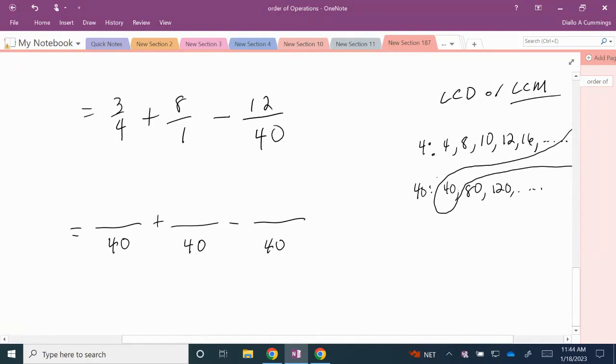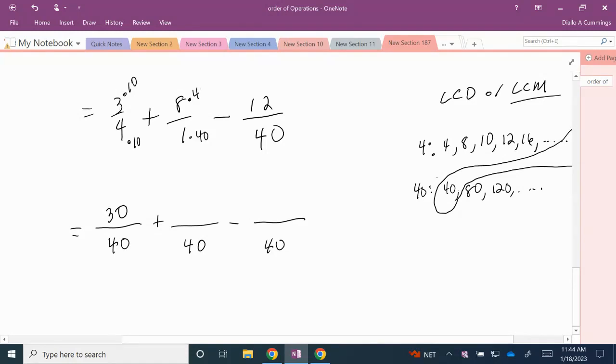In order to make equivalent fractions, whatever we do to the bottom, we must do the exact same thing to the top. So if I look at 3/4, I had to multiply 4 times 10 to get 40. I must also multiply the top by 10. 3 times 10 is 30. If I look at my second fraction, I had to multiply 1 times 40 to get the least common denominator 40.